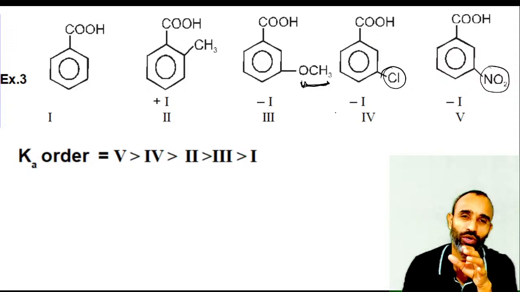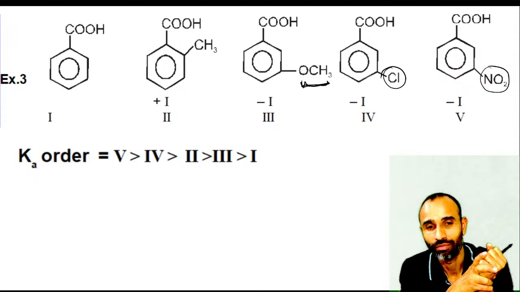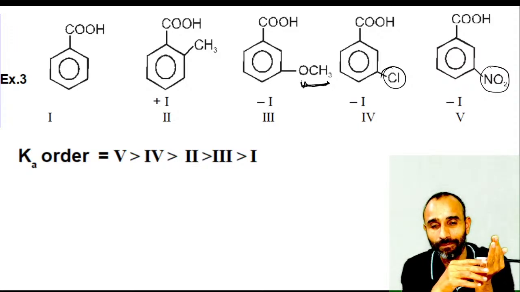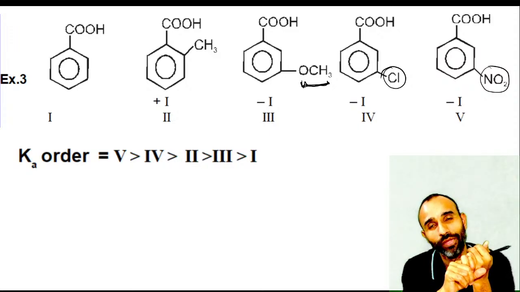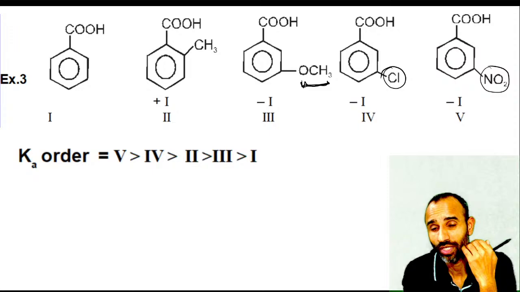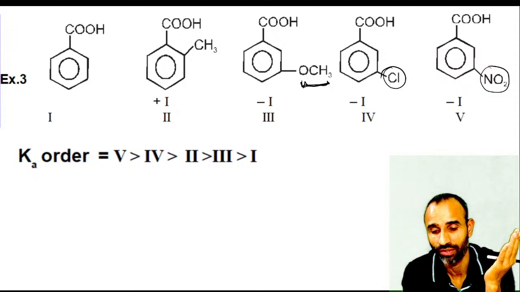Such types of questions are misleading actually because students cannot figure out how to decide. But keep in mind, whenever nitro and chloro groups are there, they are at the higher end of minus I effect.